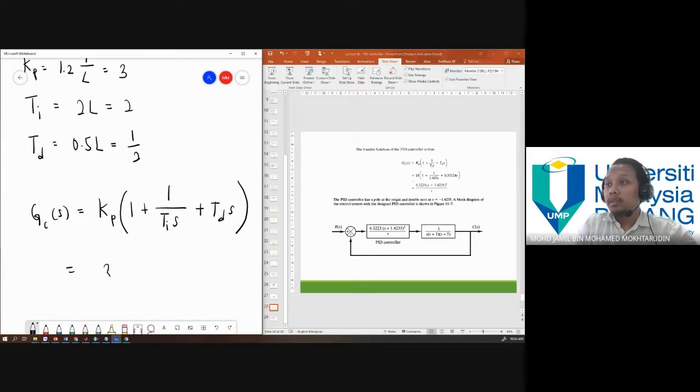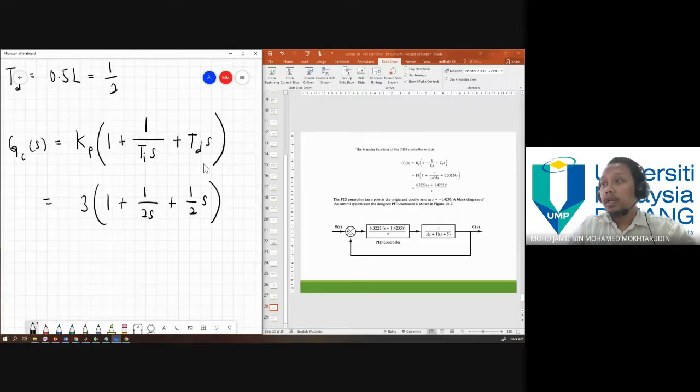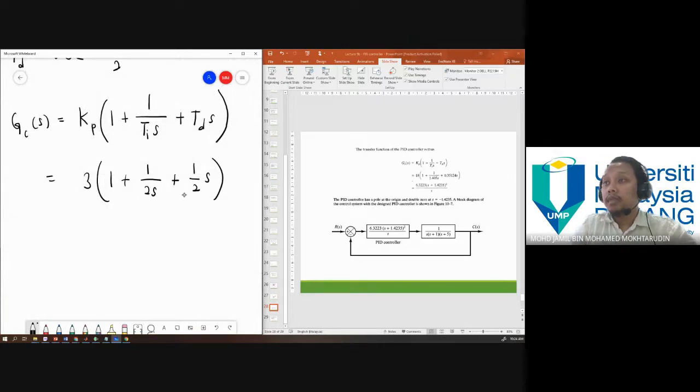So we have 3 times 1 plus 1 over 2S plus 1 over 2 S. And then it's better if you can simplify this.